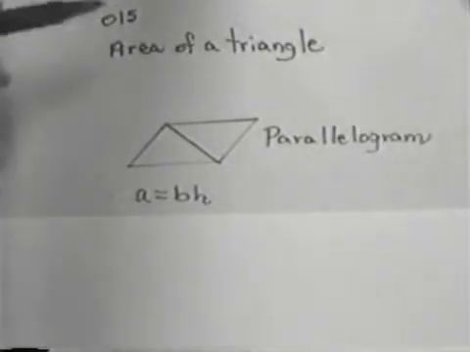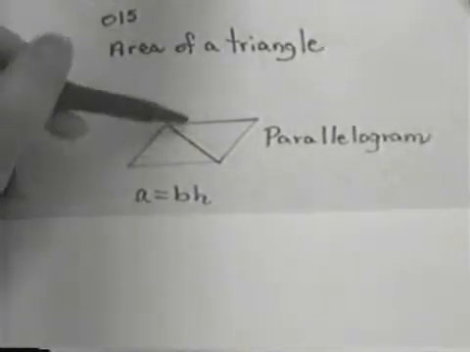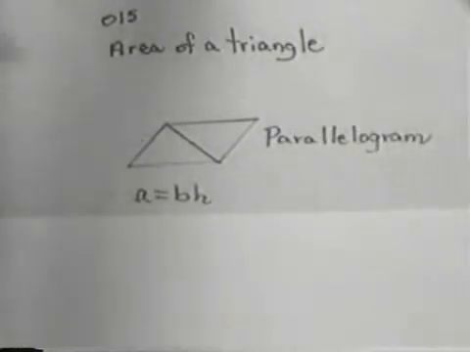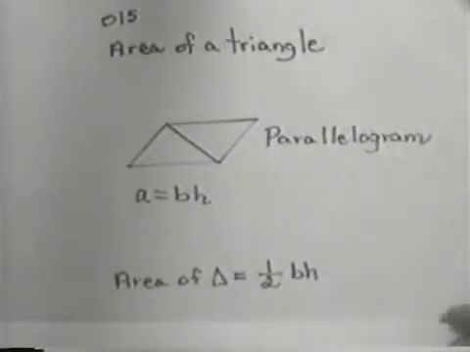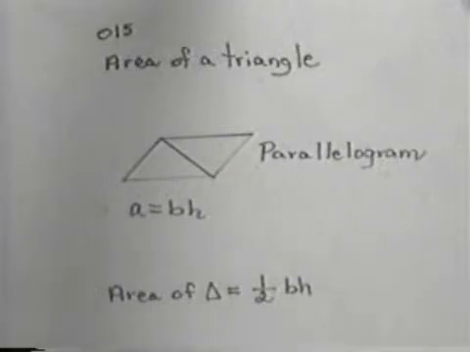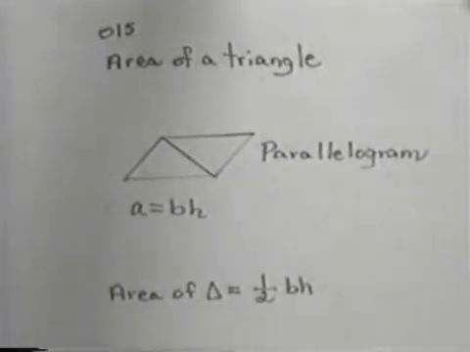So, since each one of these triangles is like half of the parallelogram, we can say the area of a triangle then is going to be half the base times the height. And that's the formula we use for the area of a triangle. We say the area of a triangle is 1/2 the base times the height of the triangle.